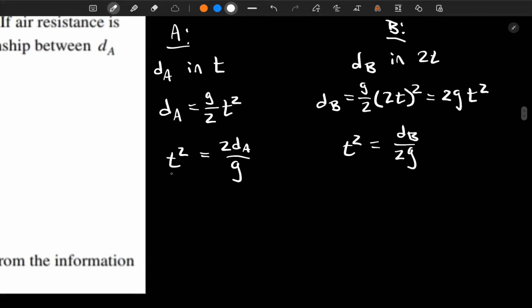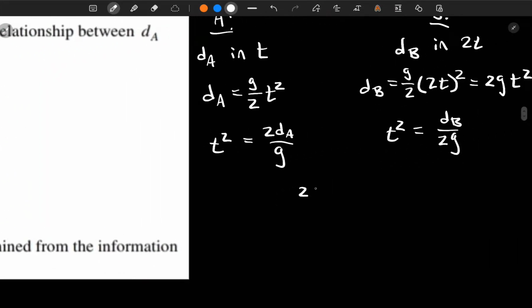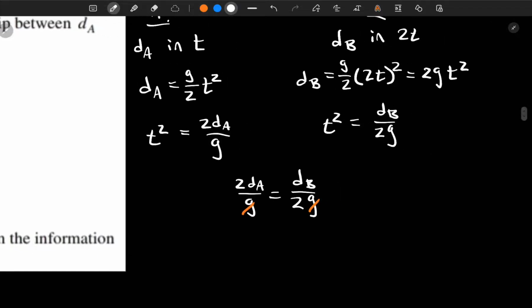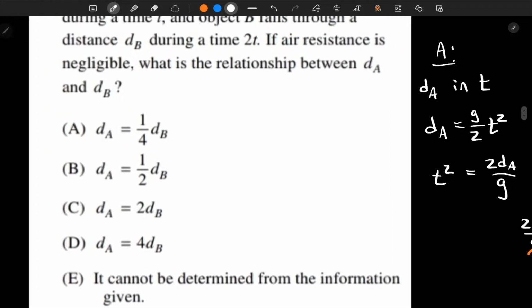Then we can equate these two t squares so that we write 2 times dA over g is equal to dB over 2g. Canceling out the g's and solving for dA, we find that dA is equal to dB over 4. So the answer to this question is A.